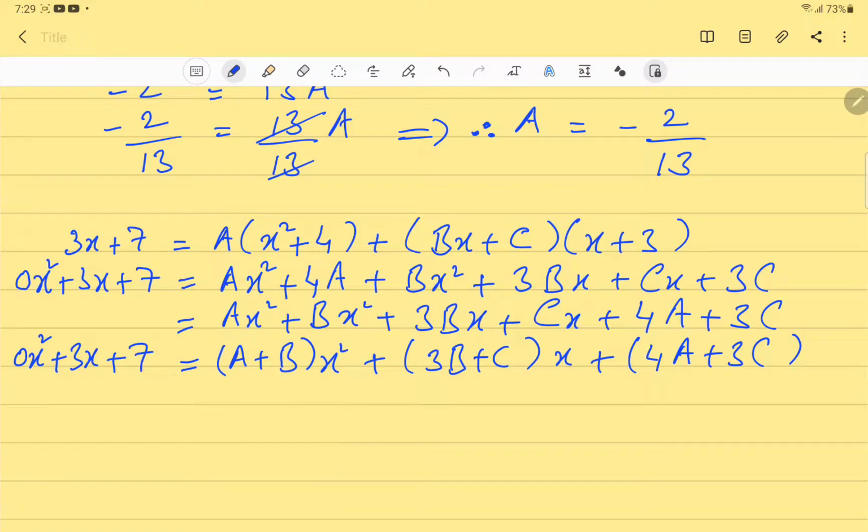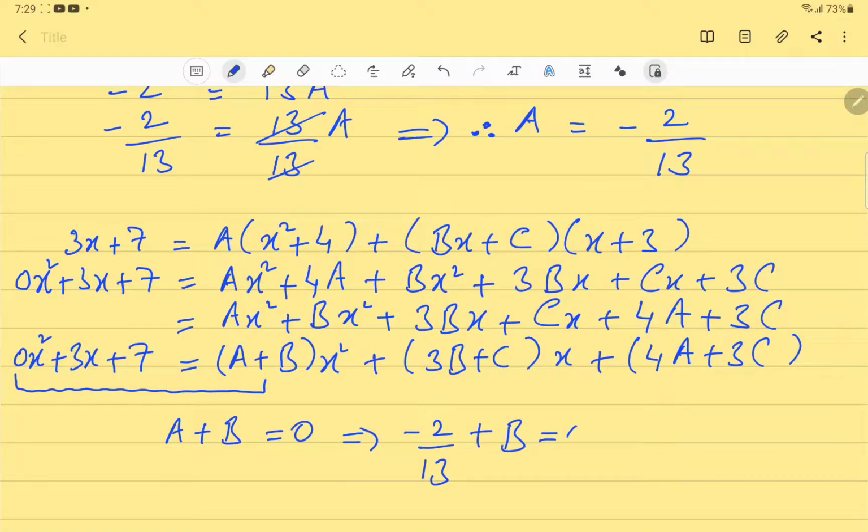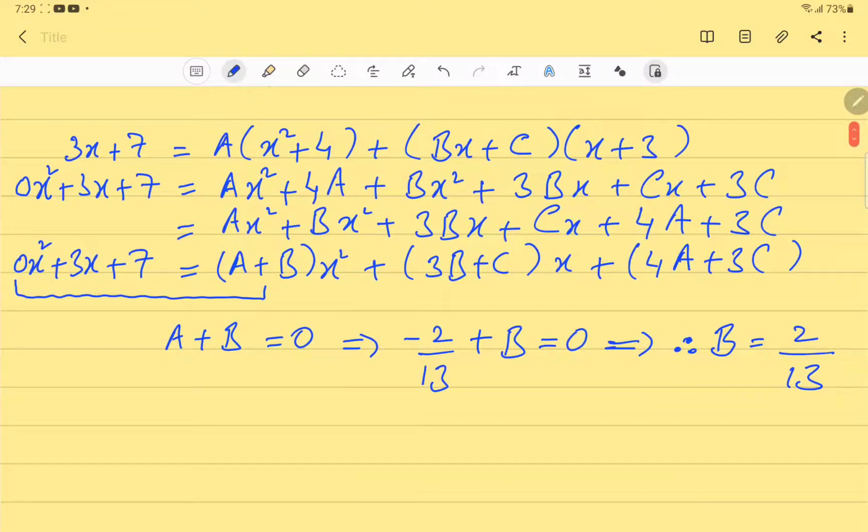Now we will compare the coefficients of x². By doing that, we see that A + B is equal to 0. We already have the value of A, which is -2/13. It gives B equal to 2/13. Now there is only one value left to be found, which is the constant C. So we will compare the coefficients of x, which is 3, so we write 3B + C is equal to 3.